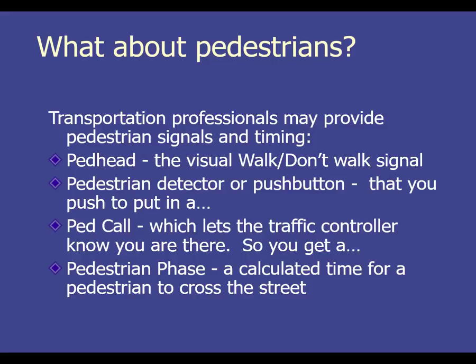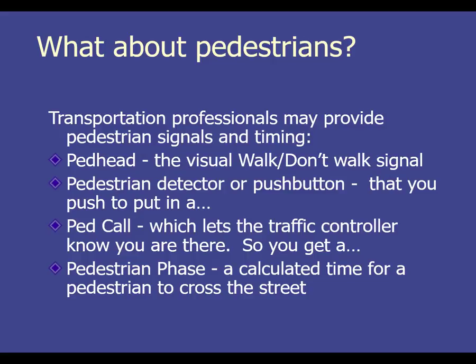So where does this put pedestrians? Well, first of all, we have something called the ped head, and that's the visual walk, don't walk signal. We also have at the corner a pedestrian detector or push button that the pedestrian has to push.